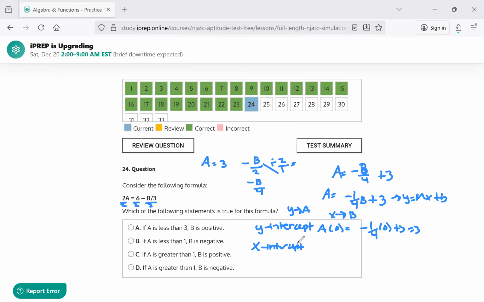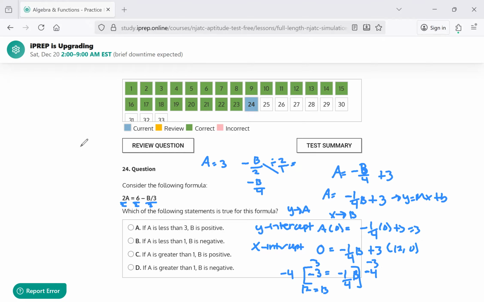We replace a with 0, so it's 0 equals negative 1/4 b plus 3, and then solve for b by subtracting 3, and then getting rid of the negative one fourth by multiplying by negative 4. So that would be 12 equals b. So my x-intercept is 12.